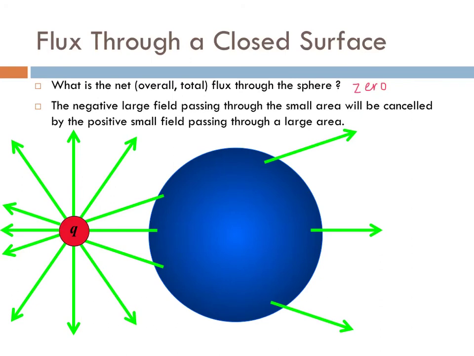Because the negative large field passing through the small area will be canceled out by the positive small field passing through a large area. Remember that as it goes into, it's considered negative. As it comes out, it's considered positive. So again, our net flux through the entire closed surface is still 0.